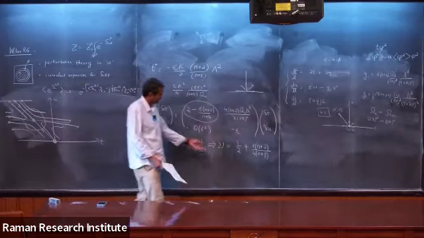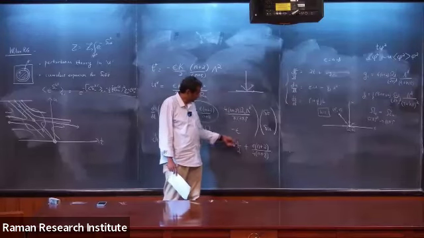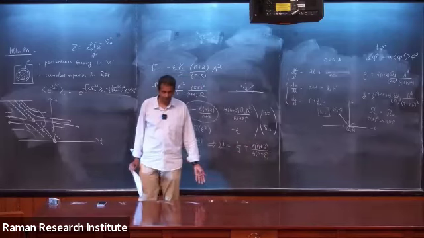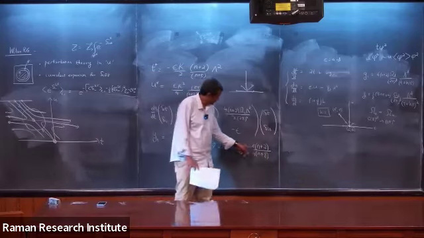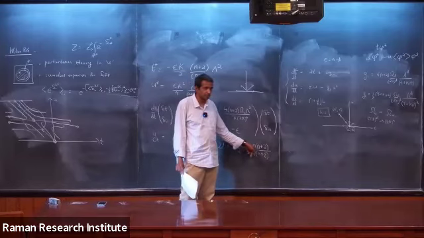And so you find that, very nicely, this value for nu does not care about the interactions at all. But it does care about dimensionality through epsilon, and it cares about the number of components of the order parameter.